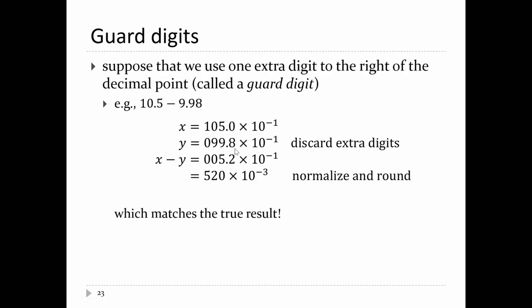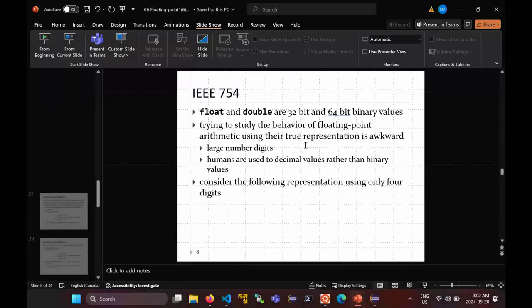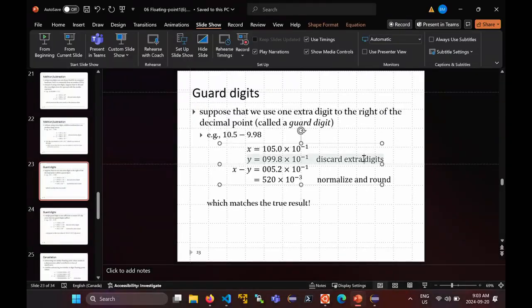So for our purposes, let's keep 1 extra digit. Okay, so that discard extra digit should not be there. Sorry, that's a cut and paste error. Keep 1 extra digit.